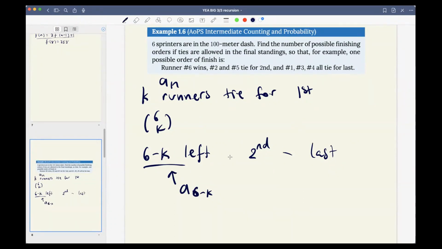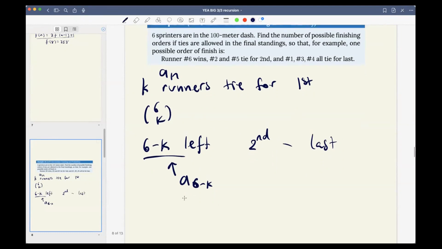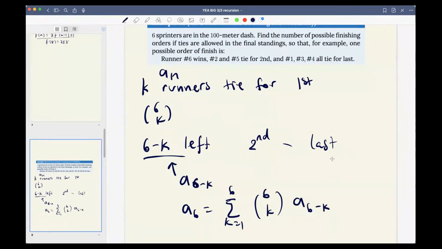Right, so now if we look at the cases, we're essentially going to say, okay, K can be 1, K can be 2, K can be any number up to 6. So then we are going to just sum all of that up. So A of 6 is going to be equal to the sum from K equals 1 to 6. And then remember to do the 6 choose K part, and then multiplied by A of 6 minus K, because that's the number of ways that we can arrange everyone left over.